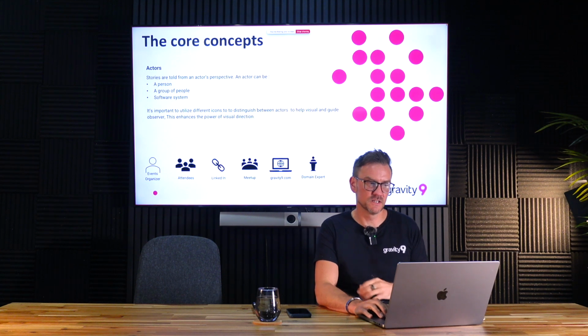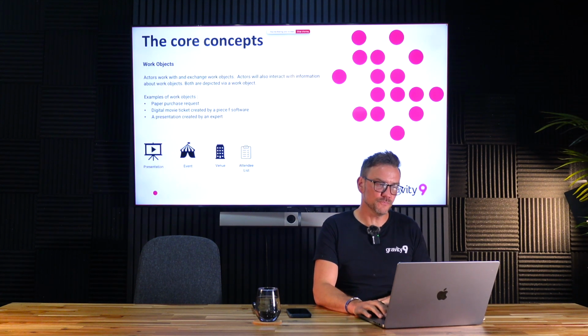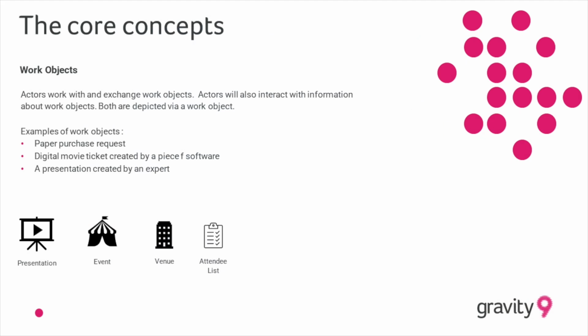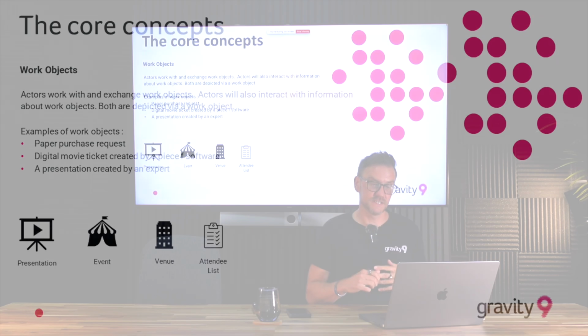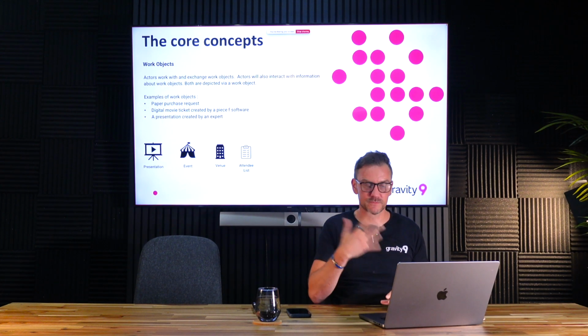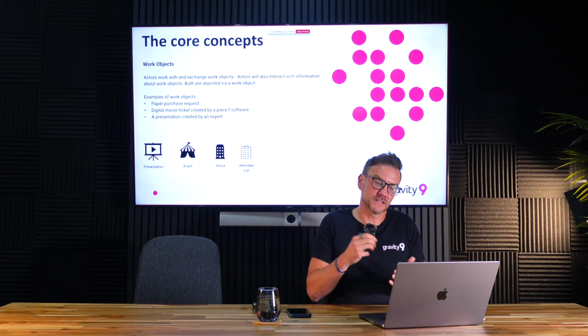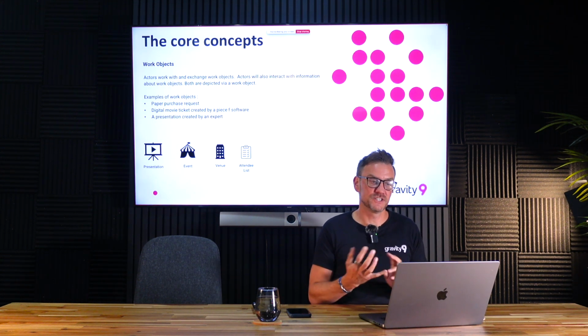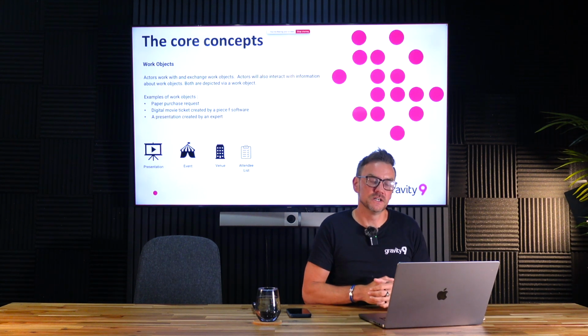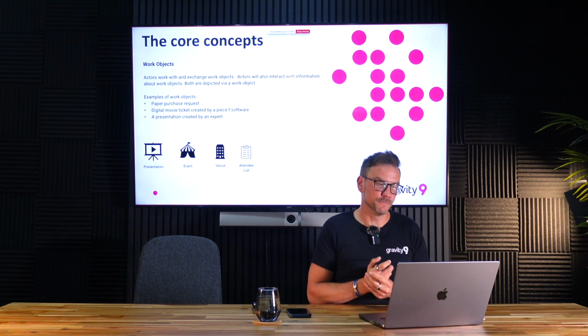The second concept is a work object. A work object is another noun, so it's not an activity. It's an artifact, if you like. It could be a spreadsheet, a cinema ticket, could be anything, that an actor will engage with, whether to change, create, amend, or process.